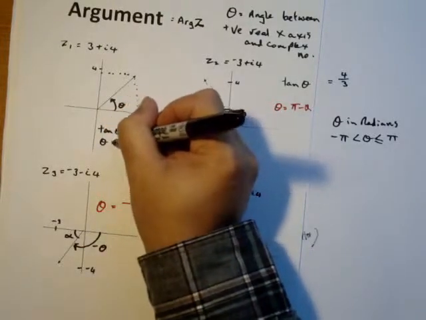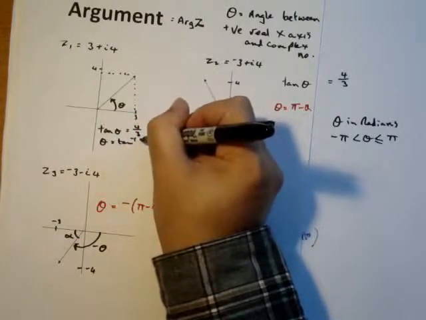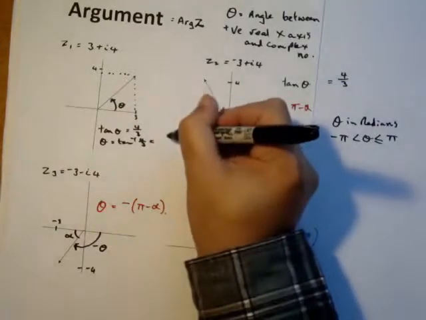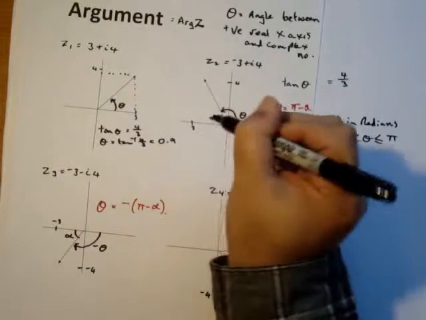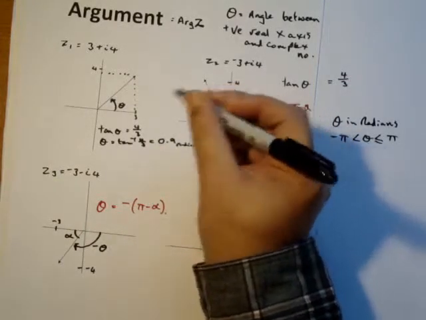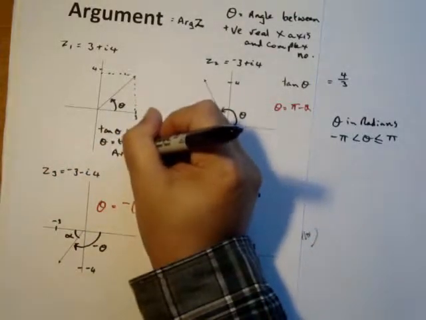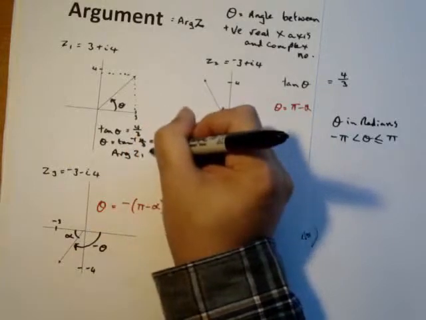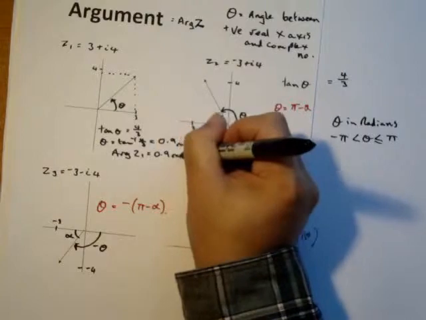Theta is the inverse tan of 4 over 3, and when we switch our calculator to radians, that is 0.9 radians to one significant figure. So arg of z1 in this case is 0.9 radians.